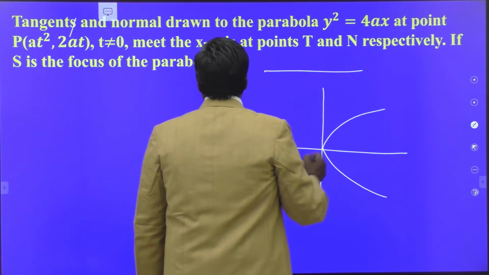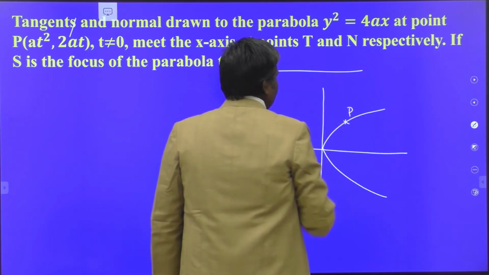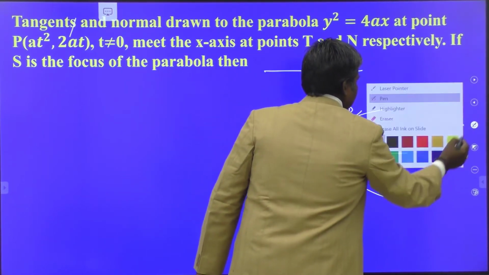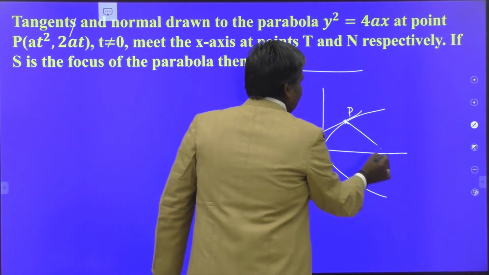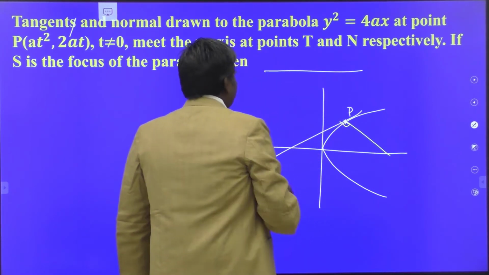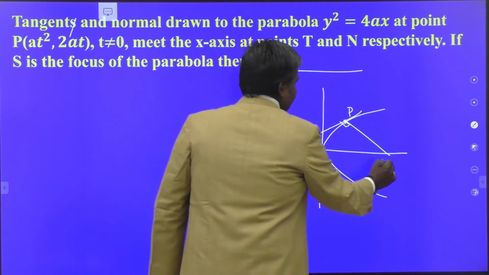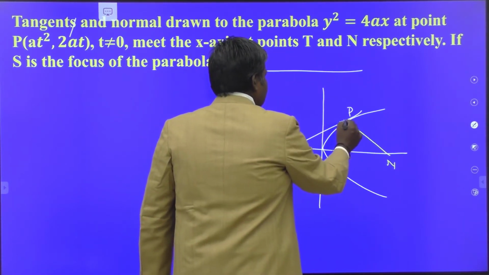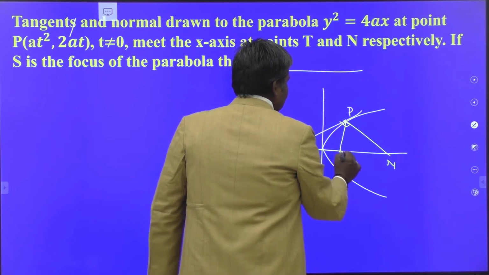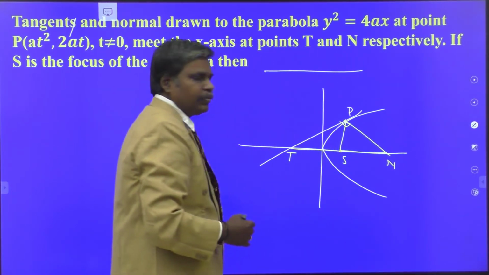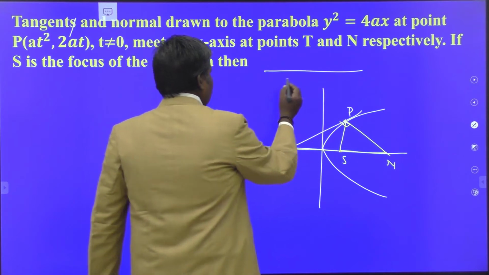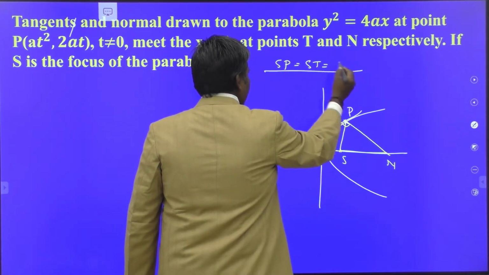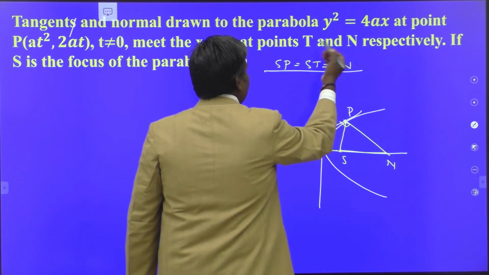You take some point P (at square, 2at) on the parabola. This is the tangent and this is the normal at P to the parabola. They meet the axis at T and N, and S is your focus. We can easily prove that SP is equal to ST is equal to SN. That is the condition. Already we proved this.